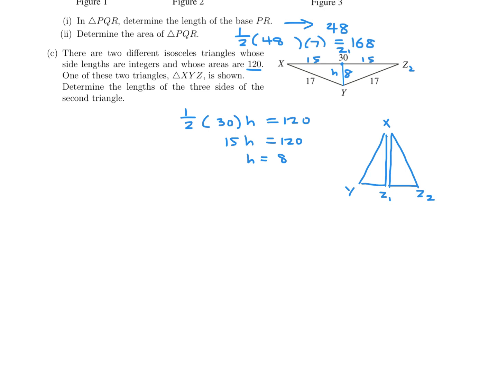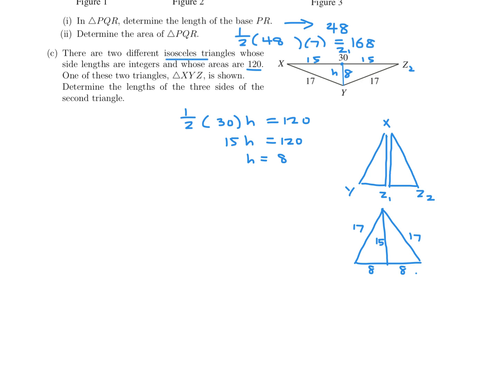And then now, once this is joined, it becomes one full triangle, like that, and then the dimensions should be similar. So this would be 15 now, and then this is 17, that's 17, and then this is going to be 8 and 8, I believe. Yeah, and it's isosceles because two sides are the same.